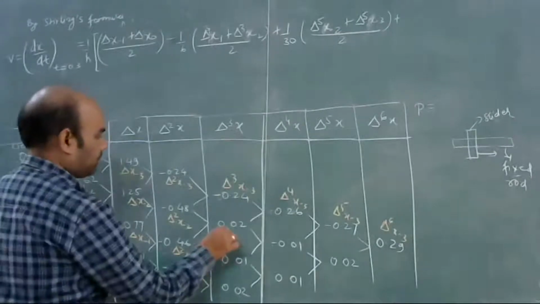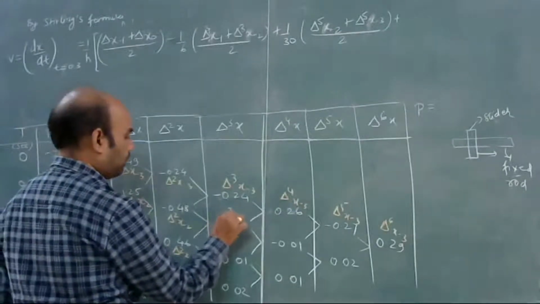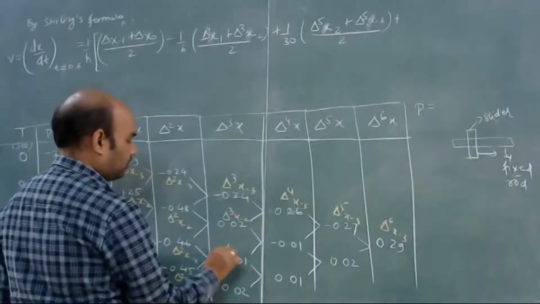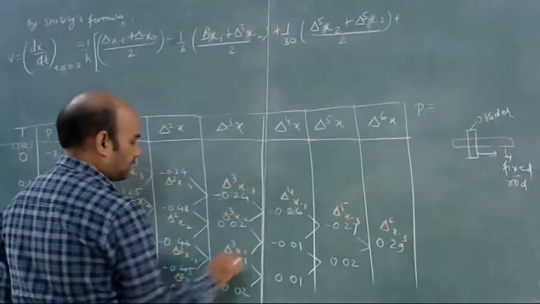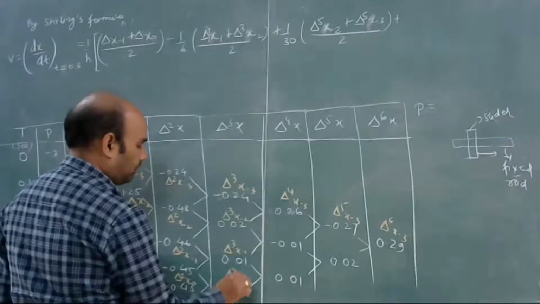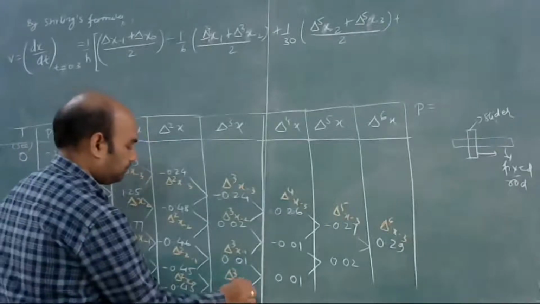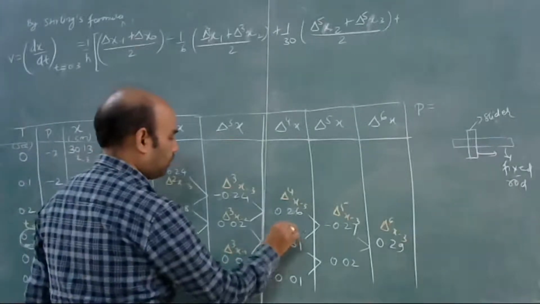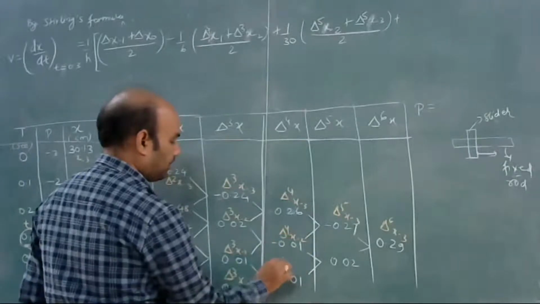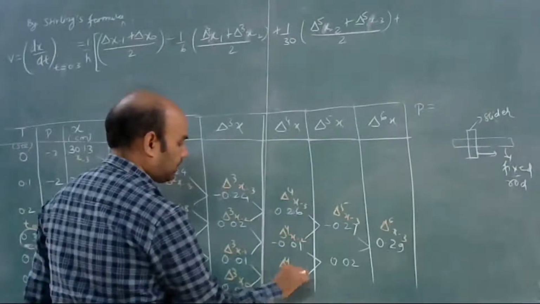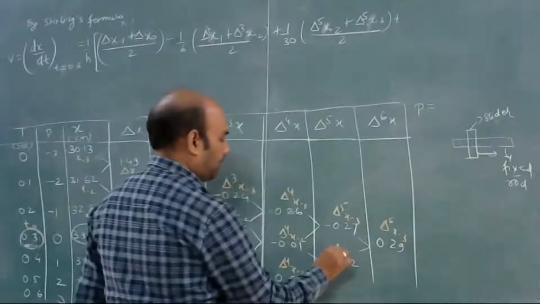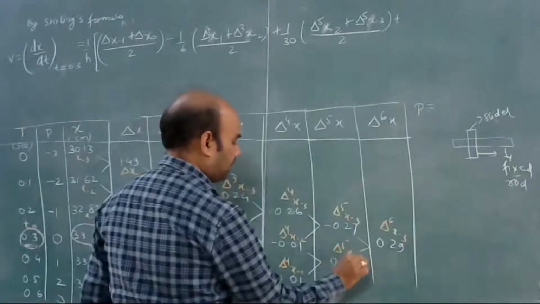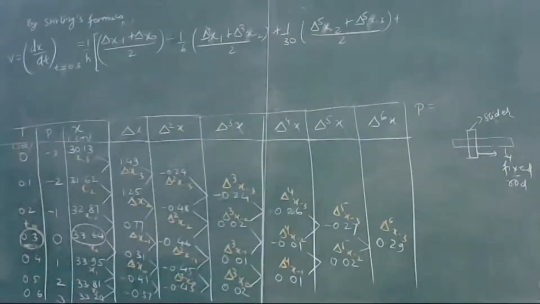Then del cube x minus 2, del cube x minus 1, del cube x0, and the higher differences. This is very important, how to write this difference.